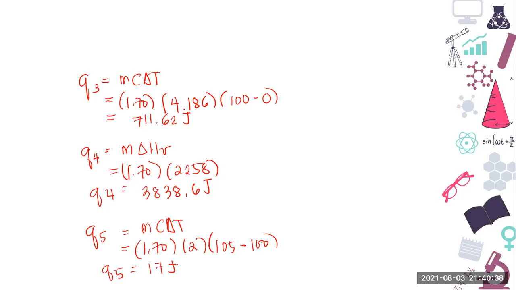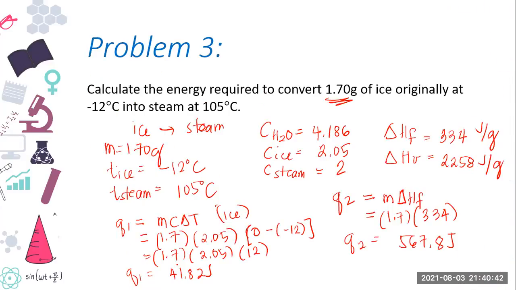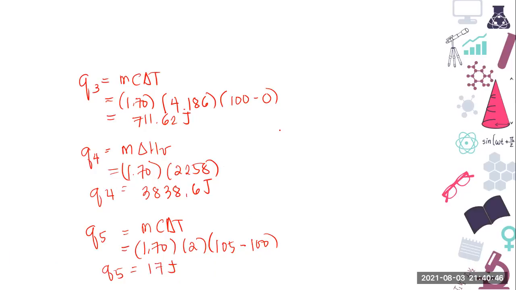And of course, the problem says that you have to get the total energy required to convert ice to steam. All you have to do is add all. So Qt is equal to Q1 plus Q2 plus Q3 plus Q4 plus Q5.